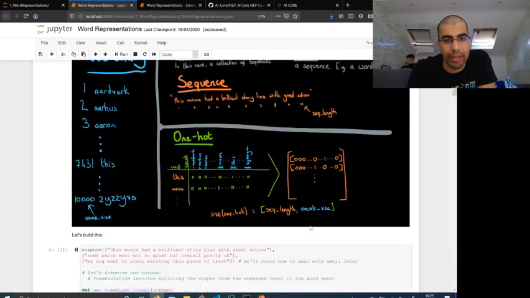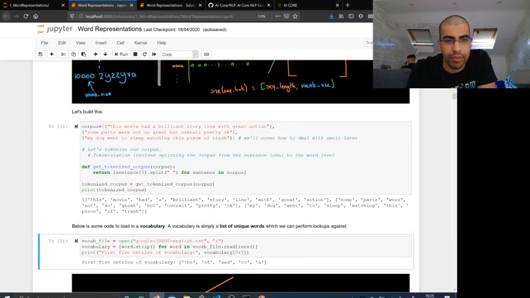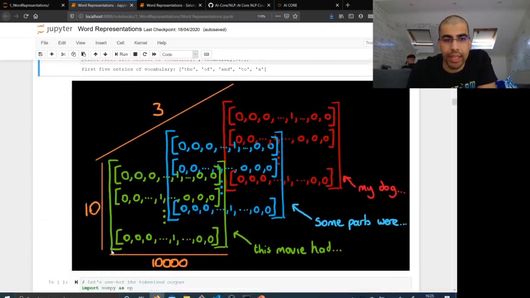And the one without the emoji is also 10 long. And each of these is going to be represented by a vector. Each one of those 10 elements in our matrix is going to be represented by a 10,000 long vector, right? That means this vector has 10,000 dimensions.